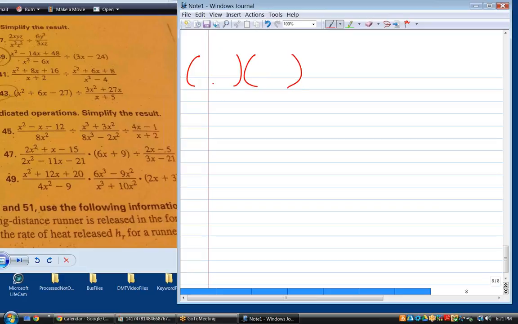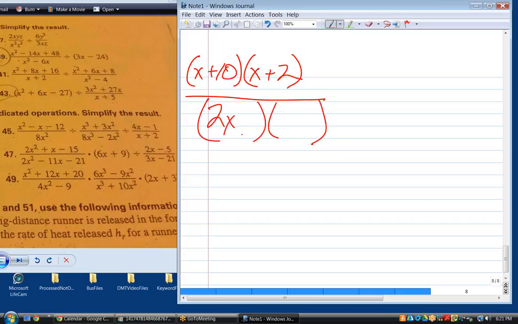Factor that numerator. So it's x plus 10 and x plus 2. Factor the denominator. 2x minus 3 and 2x plus 3?